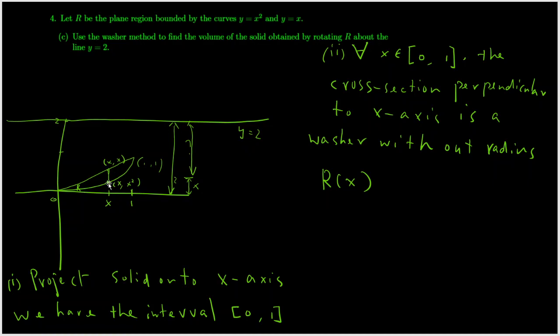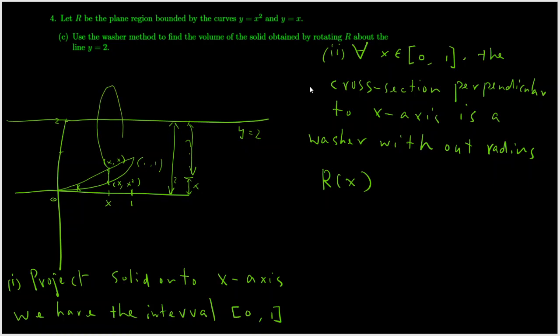And the outer radius we need is actually the distance between this point and the line of rotation. My question is, what is the outer radius? I hope it's not too messy, but I'm going to draw something. 2 minus x squared is right, Ben.